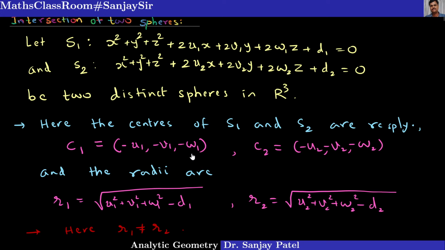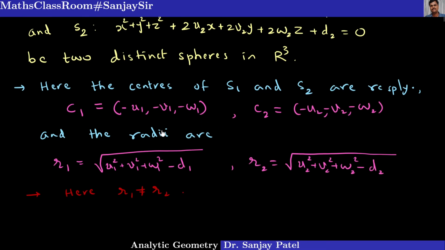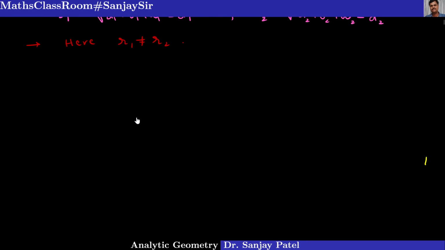What we are going to discuss is, if you are given two sphere equations, how to determine the relation between them, whether they are intersecting or not, or what the situation is. Remember that spheres are sets of points, or surfaces. So if we have two spheres, what are the possibilities?